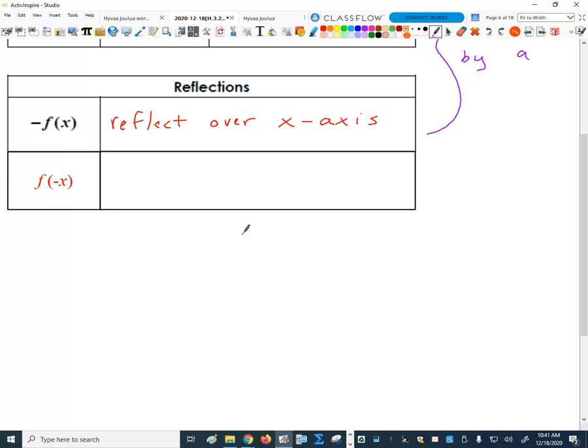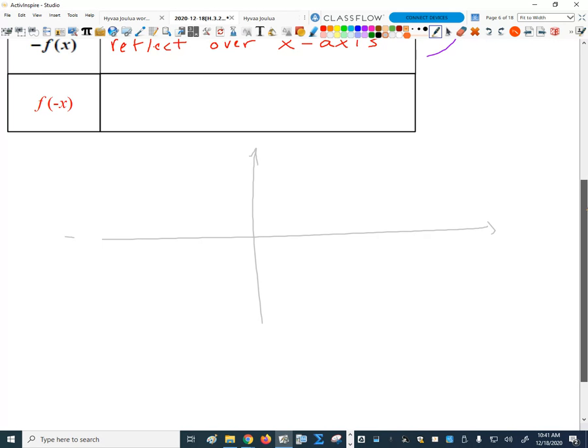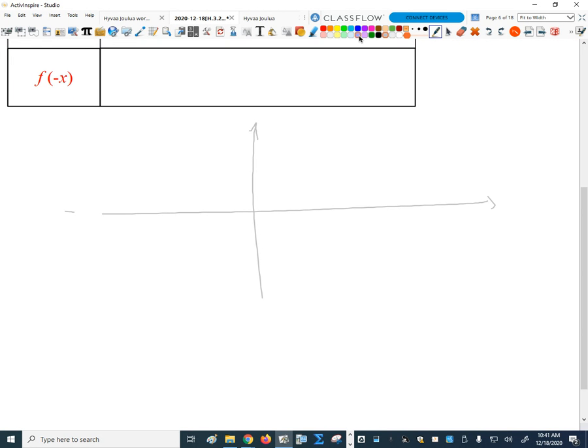Let's say I've got the parent graph. Let's just take the square root of x, for example, right? So we've got these reference points at 1, 1, and then we go over 4 and up 2, right?